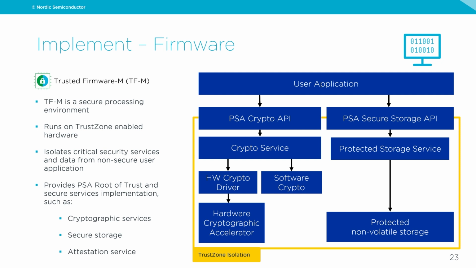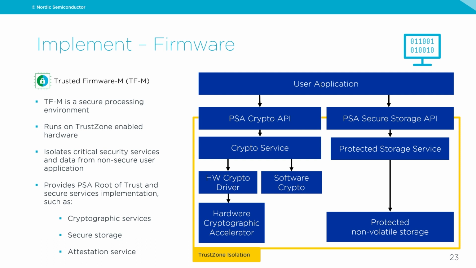So the user application interacts with Trusted Firmware-M using the PSA APIs, and it doesn't have access to the underlying secure data. It provides the PSA root of trust and the secure services implementation. Some examples would be cryptographic services, secure storage, or attestation.